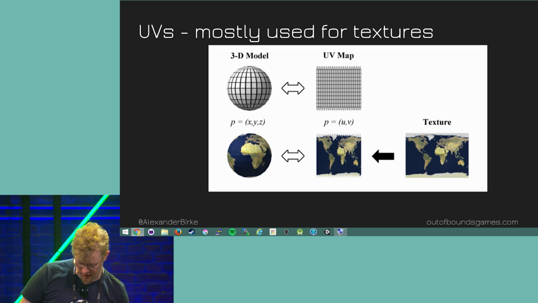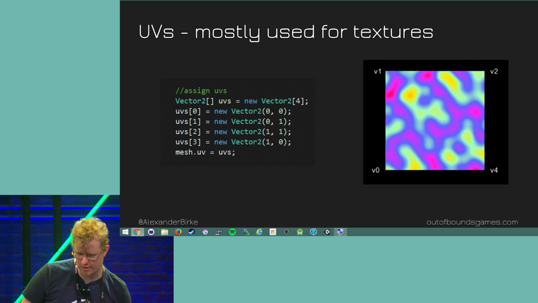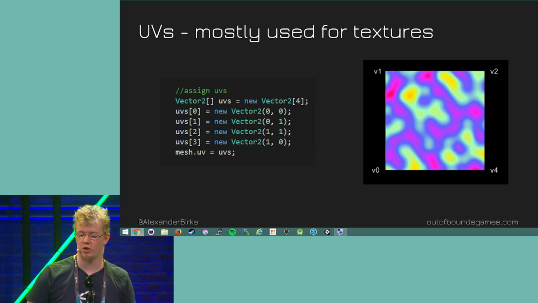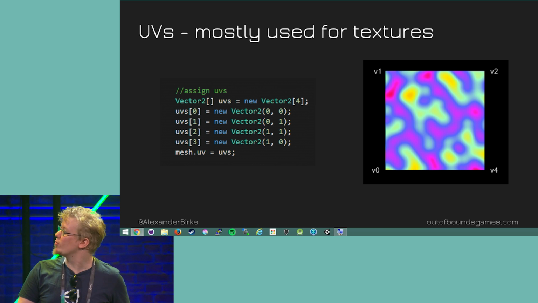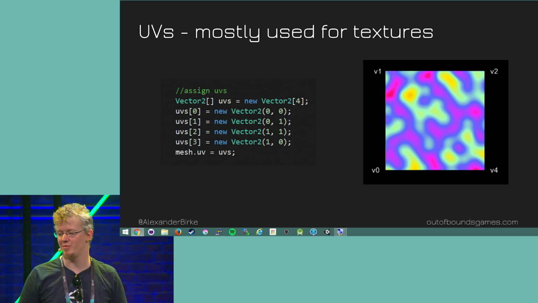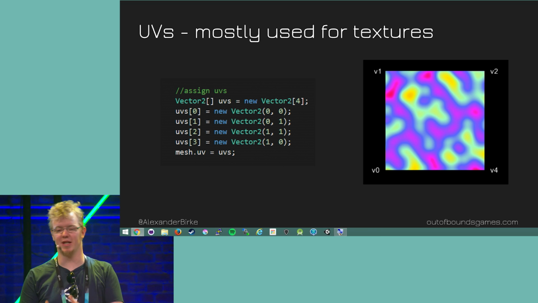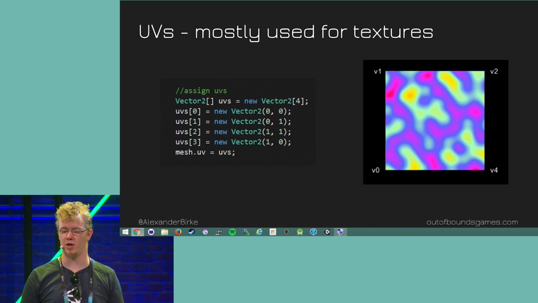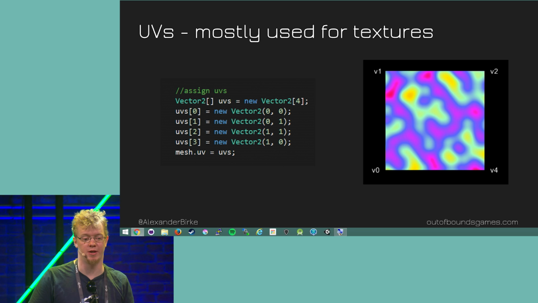So the way you do that is like this. Quite simple, really. There's a little bit more going on in this example because I'm using a procedurally generated texture with a bit of Perlin noise, which is a really good building block for doing procedural things. So I have an example with that in my project as well.